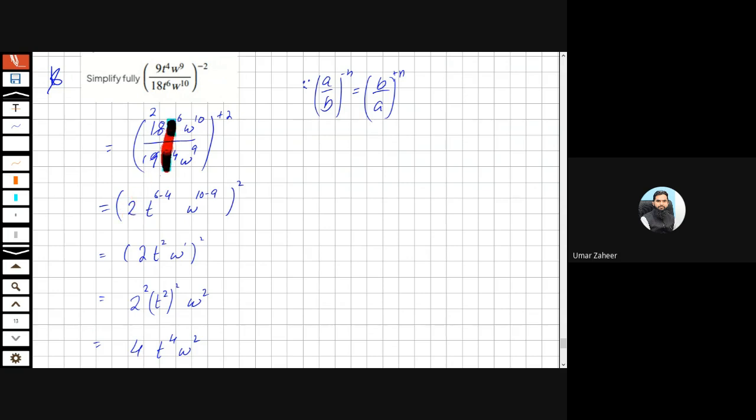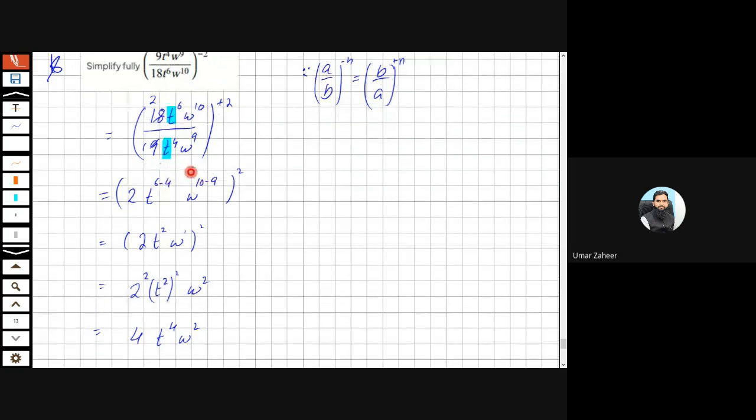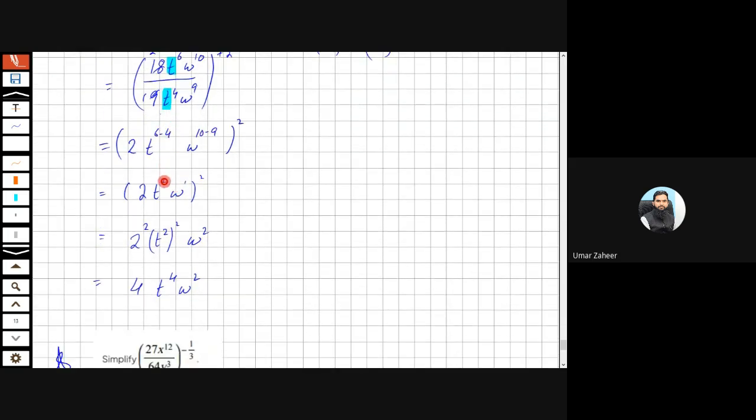They have the same base and they are dividing, so I have to subtract the powers. So 10 minus 9, 6 minus 4. Now 6 minus 4 is 2, 10 minus 9 is 1. Now you have a whole square outside.